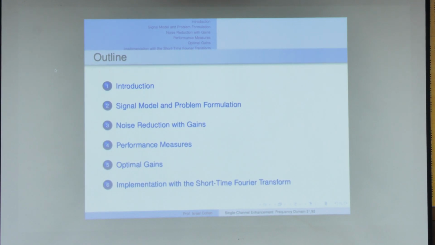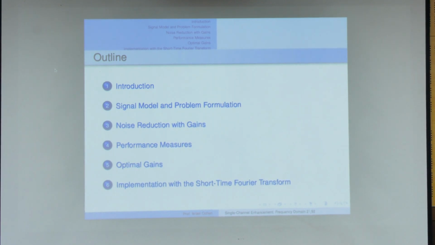So similarly to the time domain, single channel signal enhancement, we will describe the signal model and problem formulation. We'll talk about noise reduction with gains. We mentioned yesterday that it's possible to do noise reduction even with vectors that take into account the correlation between frequency bins.